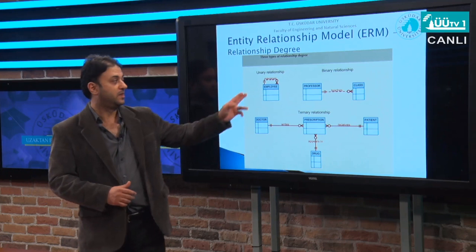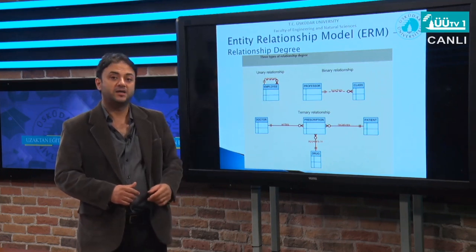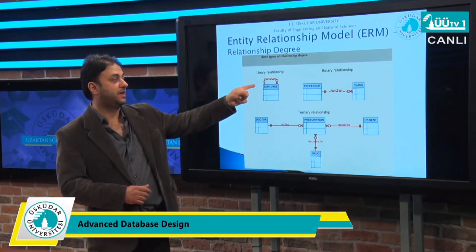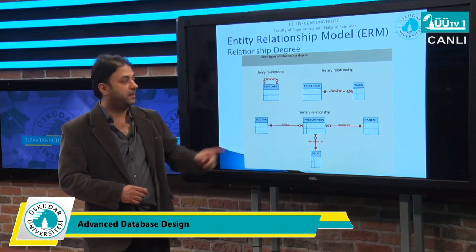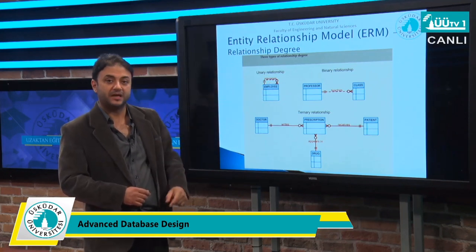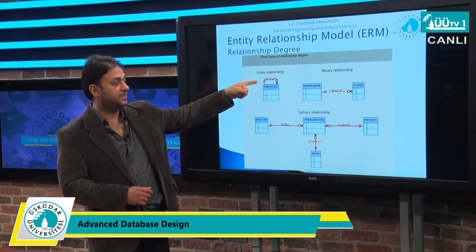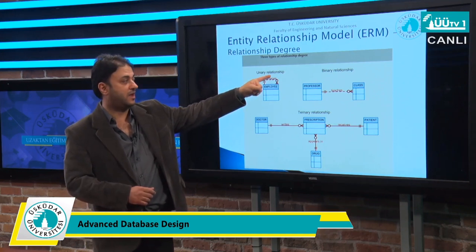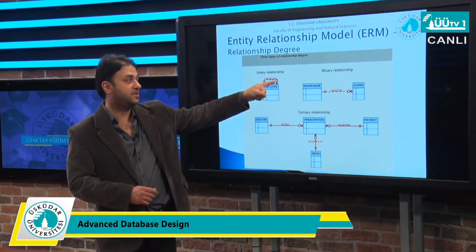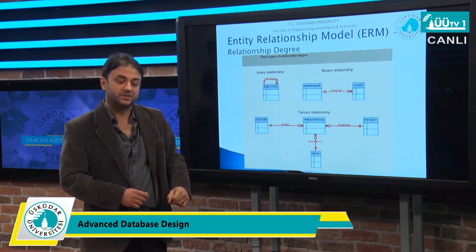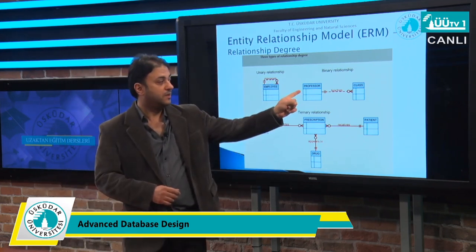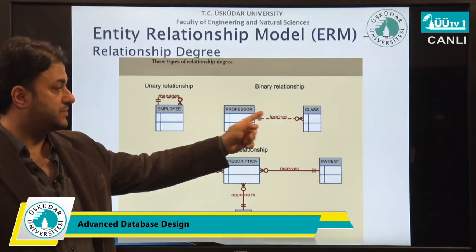Fine? So let's re-describe those things in terms. First of all, the relationship here is binary. It's a 1-to-many binary. It's a weak relationship, and the cardinality here is 1 and 1 mandatory. The cardinality on the other side is 0 to n and optional. Second one, we have the relationship between the professor and class.